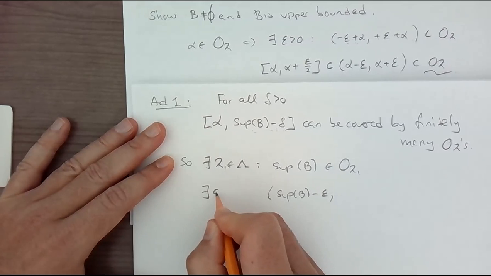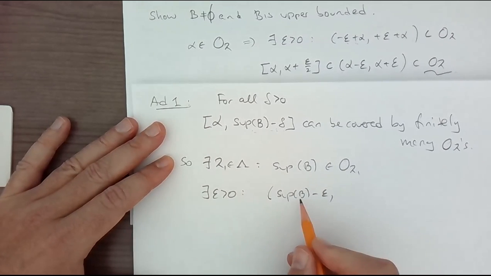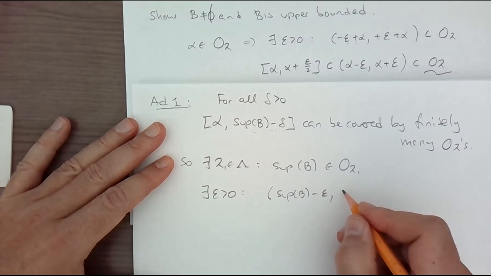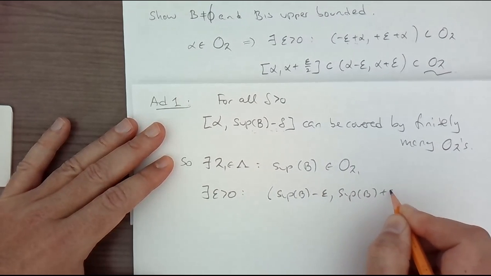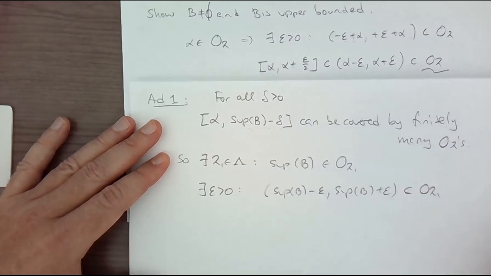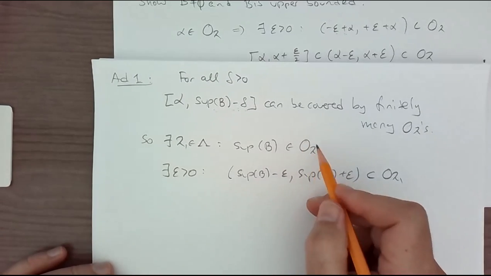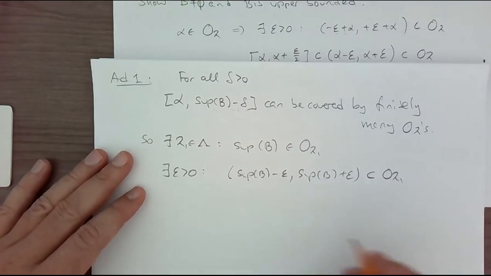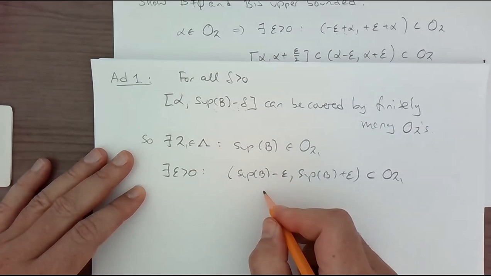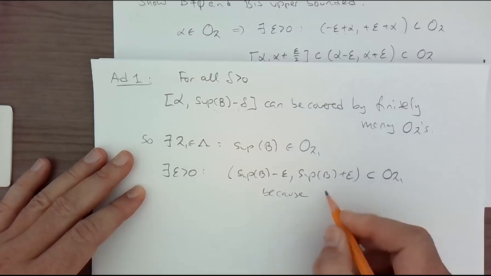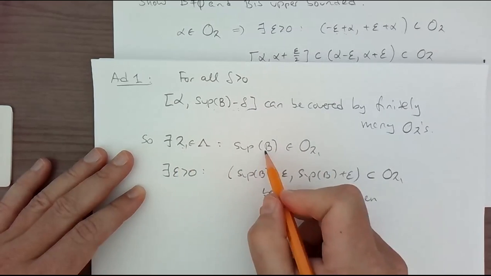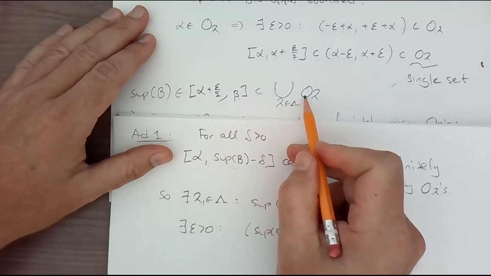There exists some small ball around this point that'll be inside here, because this set here is open. So there's some small epsilon such that that open interval is going to be inside that open set here. This is because O lambda is open, and because that supremum was inside that union.